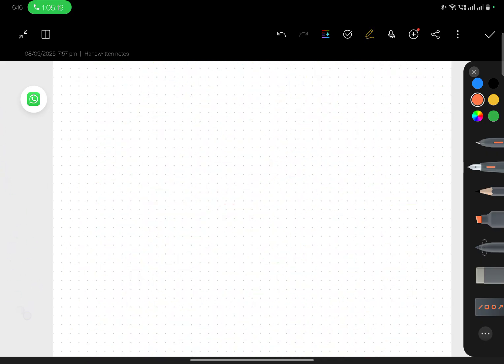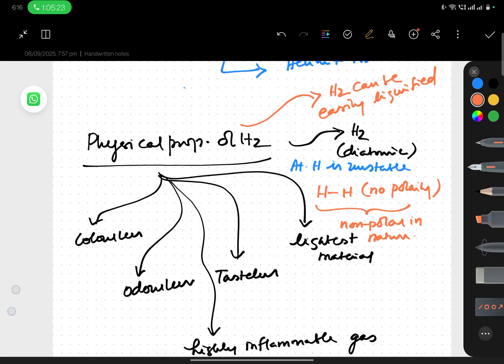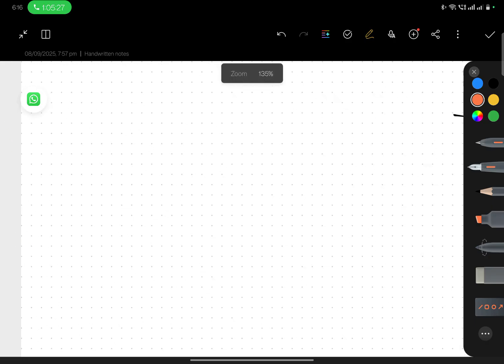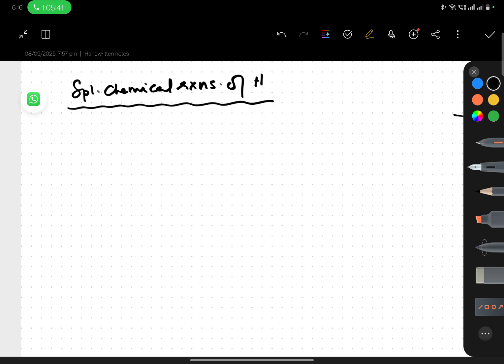Now we are going to see the special chemical reactions. Write down. Have you copied everything? Yes, sir. Now we are going to see special chemical reactions of hydrogen. Note it down, ma.